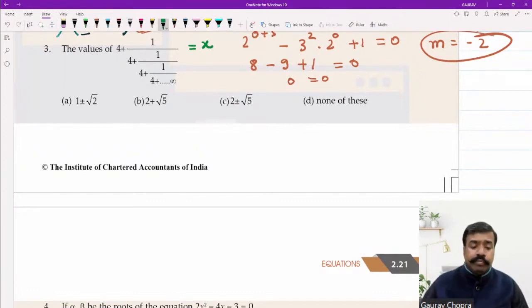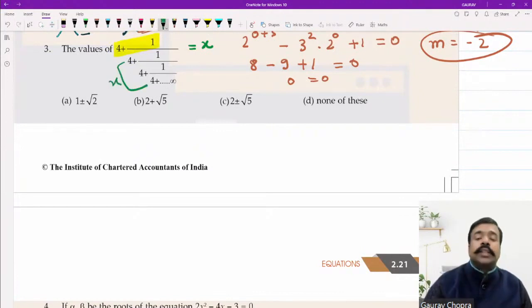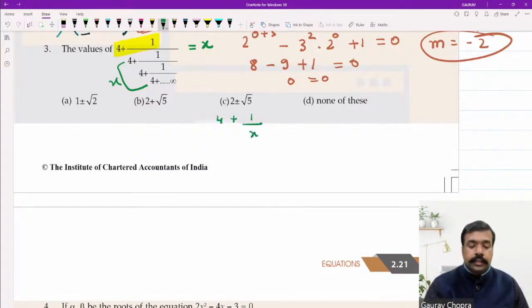If we hide the first part, then the remaining part is again the same, which is equal to x. So for this, we can write 4 plus 1 upon x, and it is equal to x.